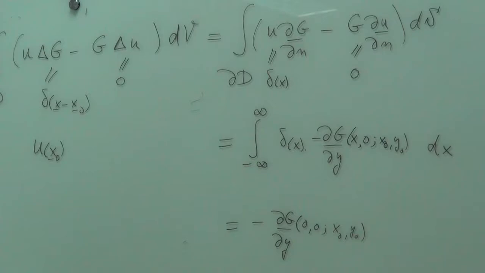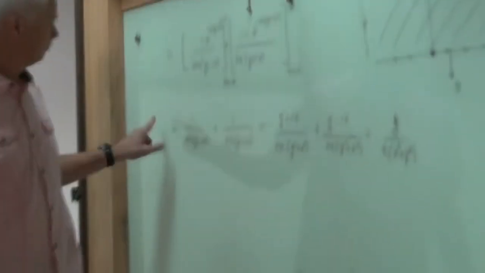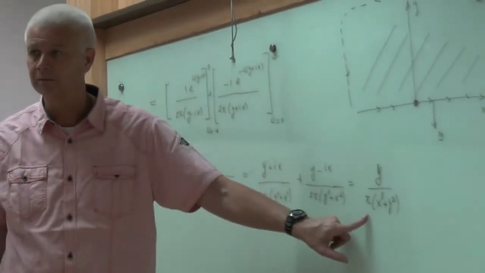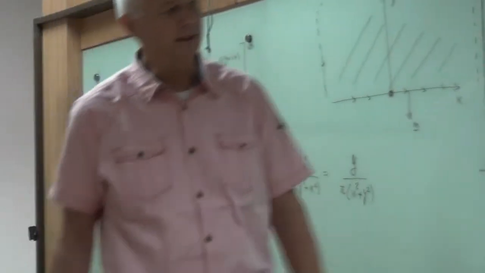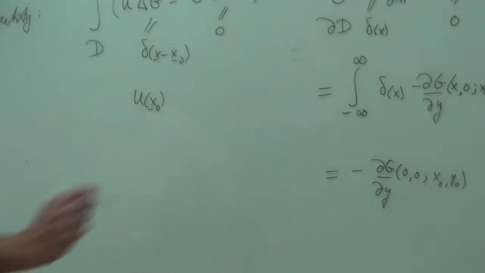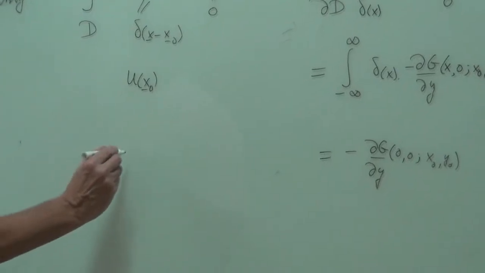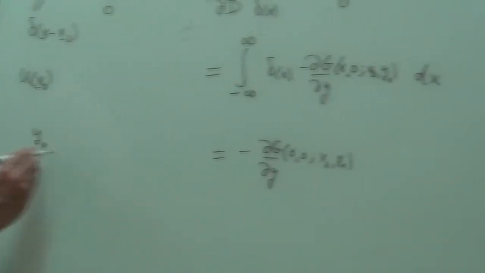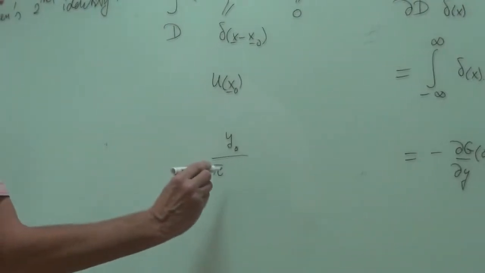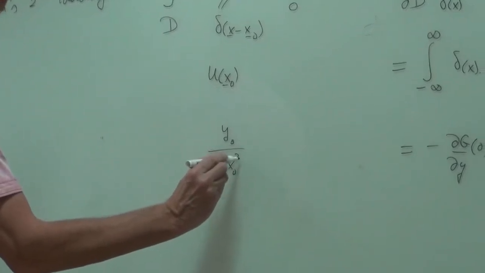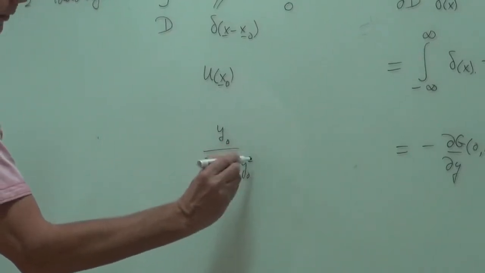Oh, that's nice. But I also know my solution, because I computed it here. I know my solution u. u(x,y) was this. So u in the point x0, y0, that's equal to y0 divided by pi times x0 squared plus y0 squared.